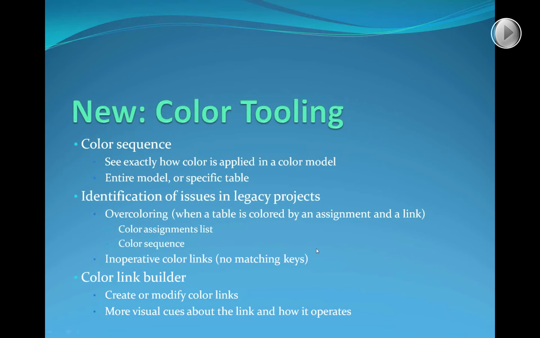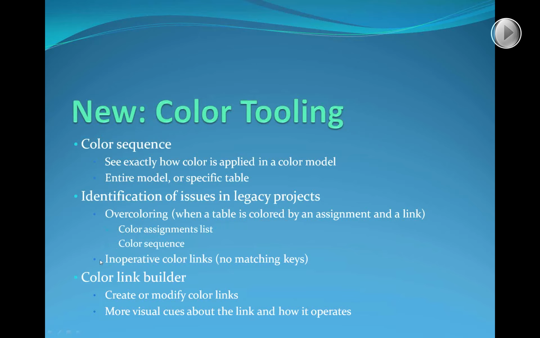I don't show it here, but you could also have a table which is the target of multiple color links, and that would also cause overcoloring. Overcoloring is flagged in a couple places in the project workshop, in the color assignments list of the color model, and then also in the color sequence tool that we just mentioned above.